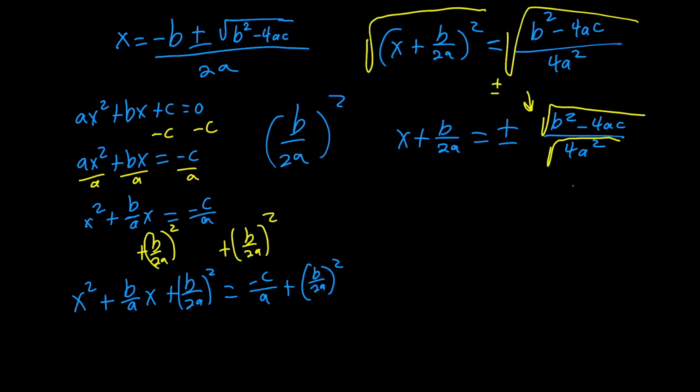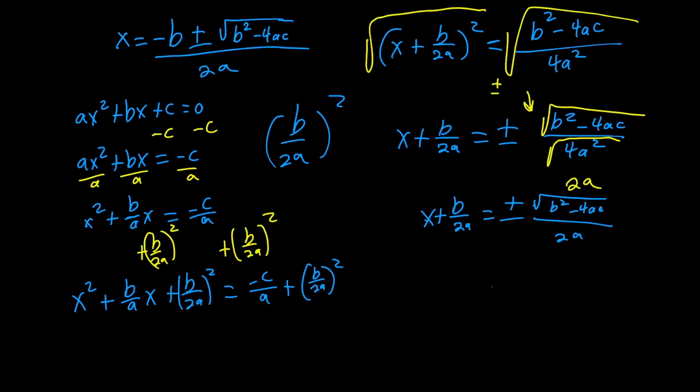The square root of 4a squared is 2a. That means that we can simplify our denominator to 2a, and we now have x plus b over 2a is equal to plus or minus square root of b squared minus 4ac divided by 2a.